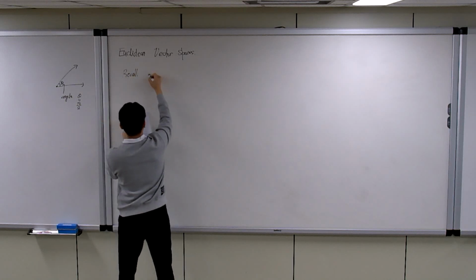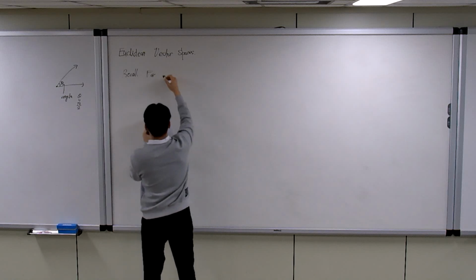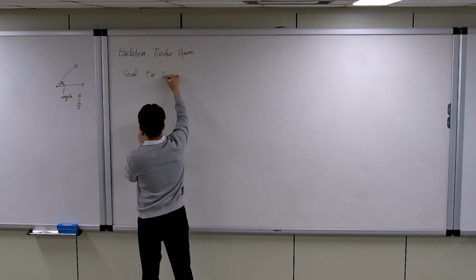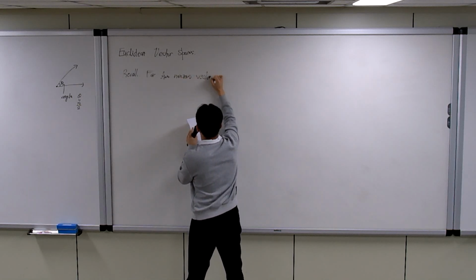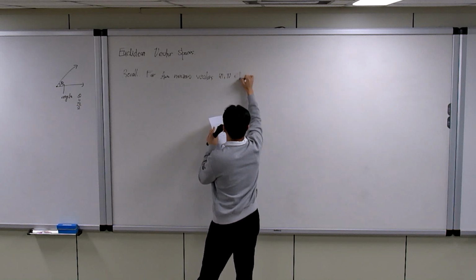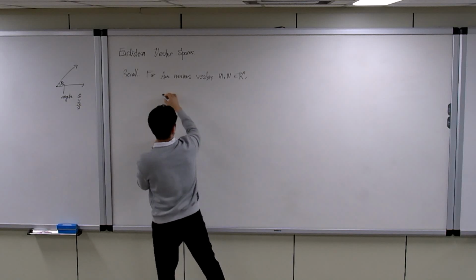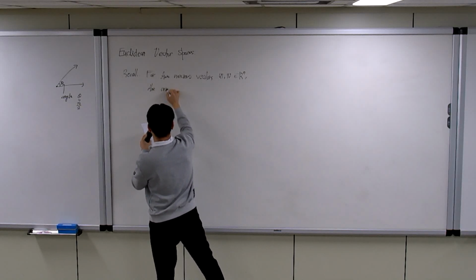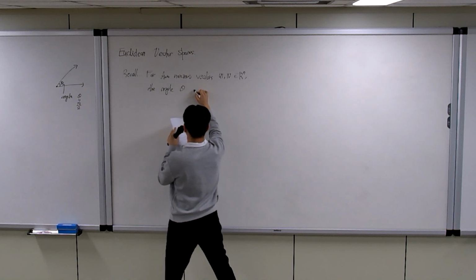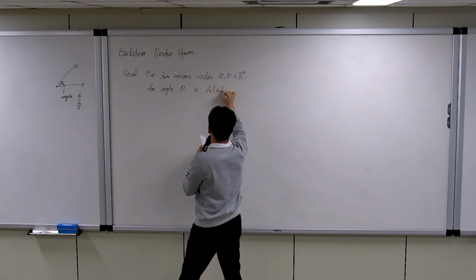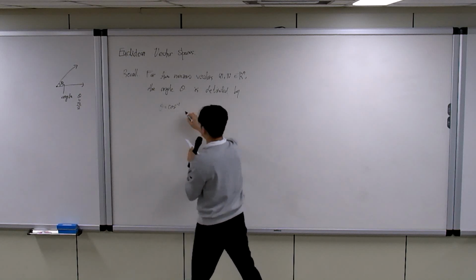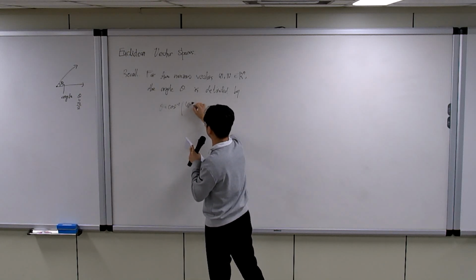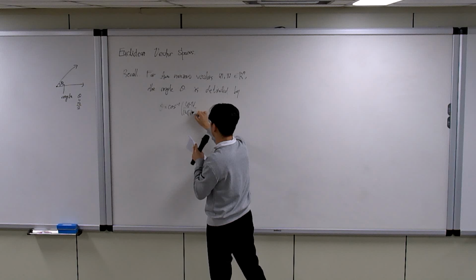Given two non-zero vectors u and v, we defined the angle theta as the inverse of cosine of the dot product over the norm of u and v.